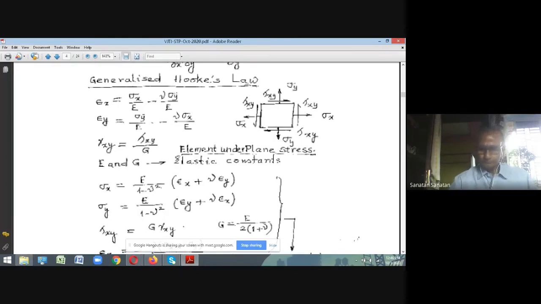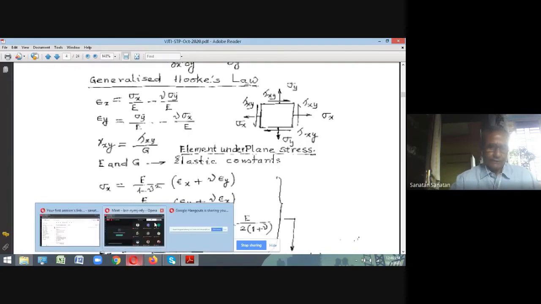So therefore, finally, these equations that I have written can actually be inverted. You can write the stresses in terms of strain. So if you make use of these 3 equations, and if I try to obtain sigma x, sigma y, tau xy in terms of these 3 strains, we get finally this.